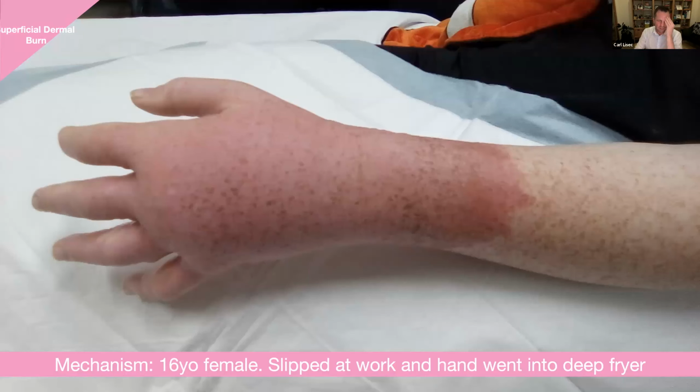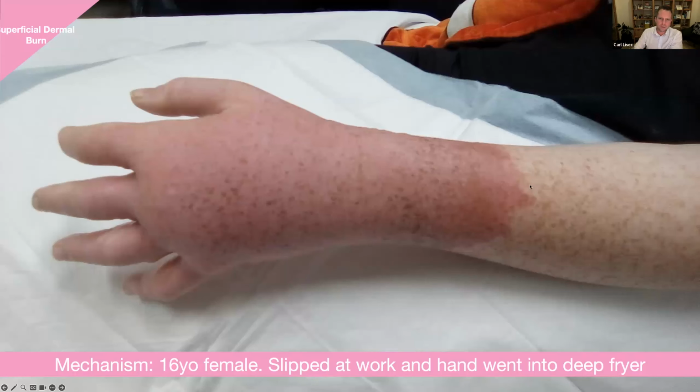And you might think, well, gee, that's going to be deep. But most of the time, this happens at Macca's or KFC or wherever. Most of the time, they look like this. They're just bright pink. And some of you might be able to see the blister that's starting to form here. There's a bit of blister fluid accumulating just over on the forearm here, on the upper extent of that burn.